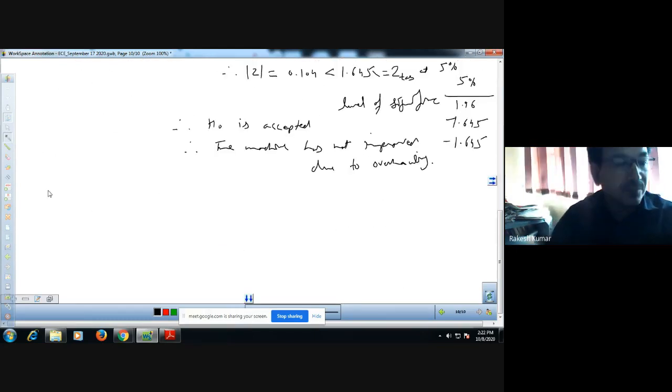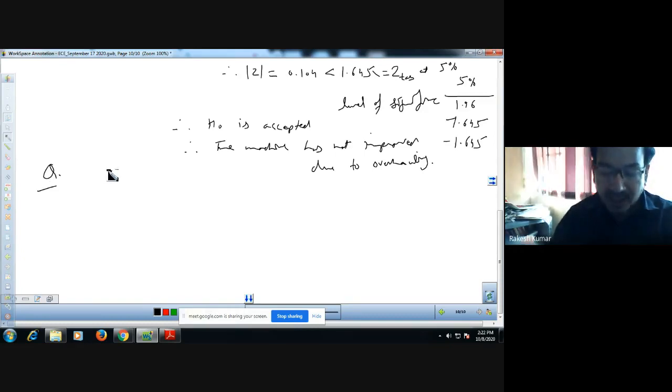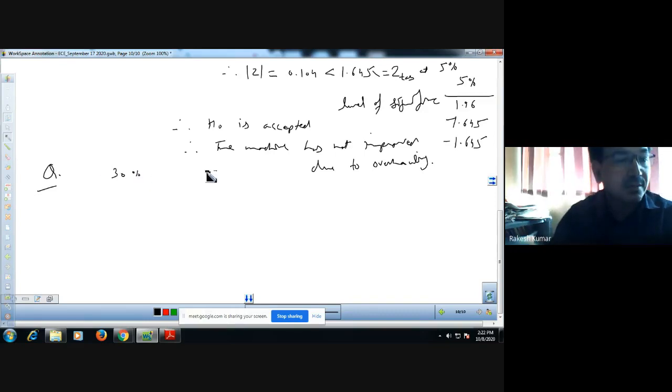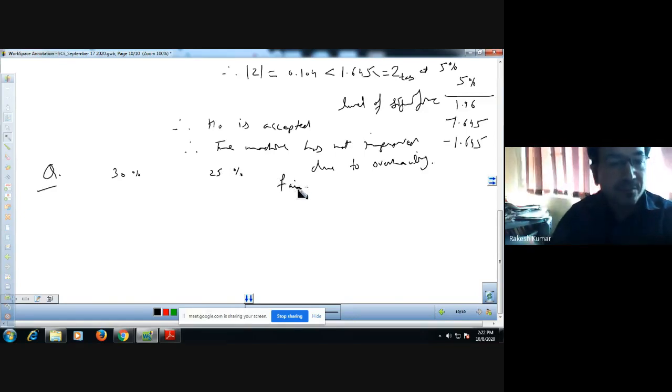One more question we have. In two large populations, there are 30% and 25% fair-haired people.